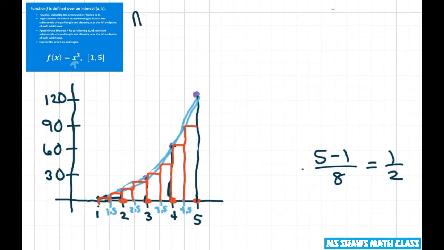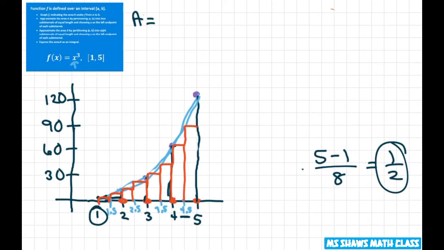We're going to approximate our area. We are using the left endpoint, so we start at 1 and go to 4.5. We're multiplying this time by 1/2 because we're going by 1/2 to get the approximate area.